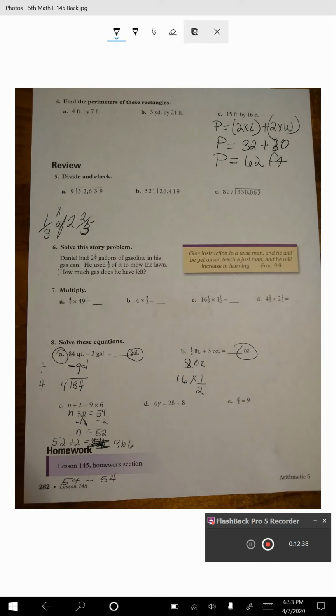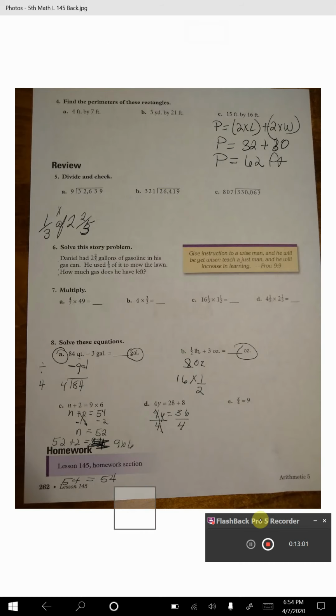All right. Hopefully yours is neater than mine. Do as I say, not as I do, right? All right, now 4y equals 28 plus 8 is 36. This is 4 times y. So the opposite of times is divide. Divide both sides by 4.